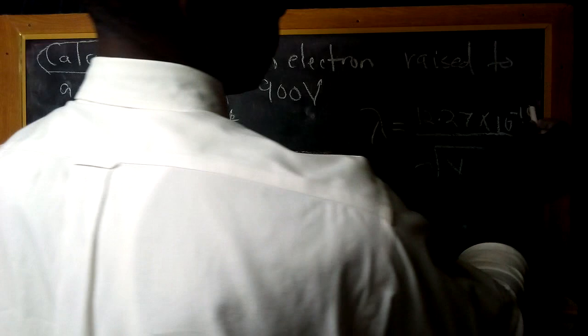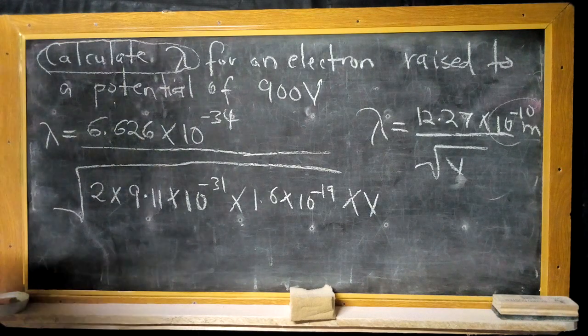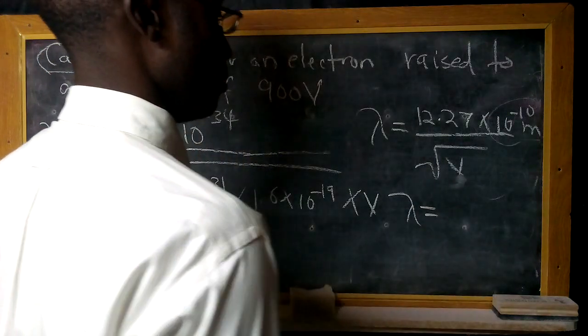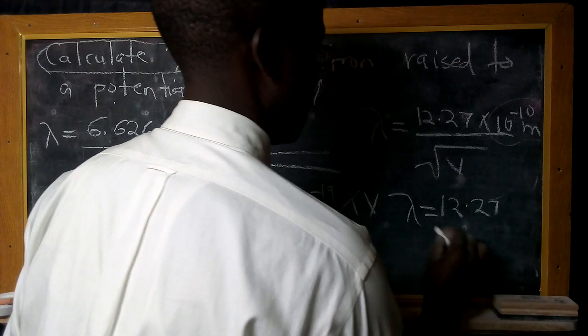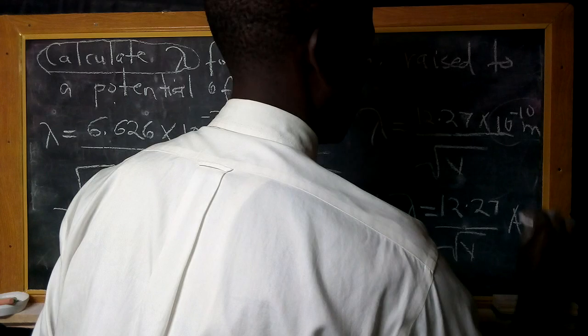In multiples of units, 10 raised to power negative 10 meters represents what we call an angstrom. So we can represent lambda as equivalent to 12.27 divided by the root of V angstroms.